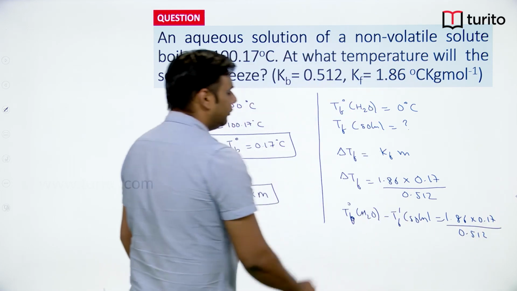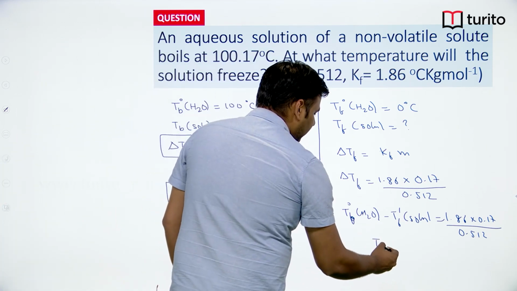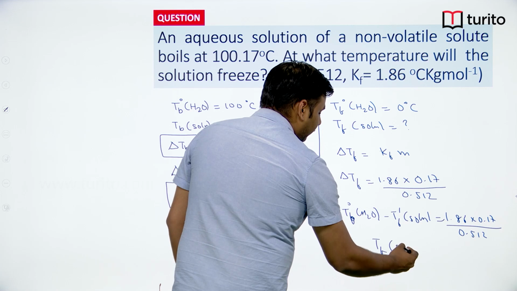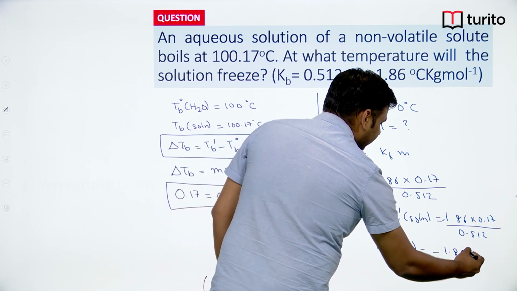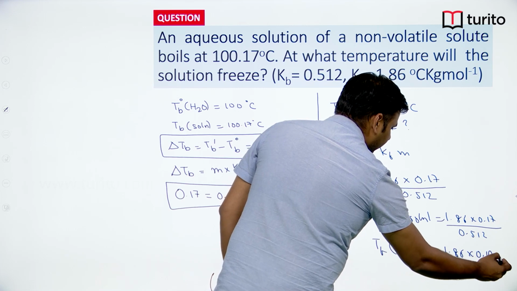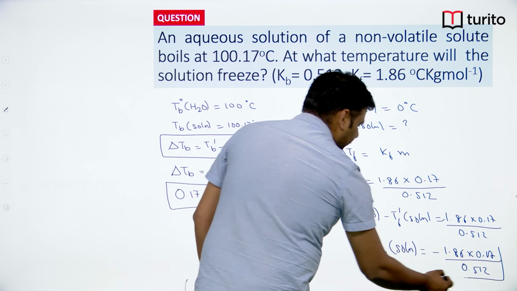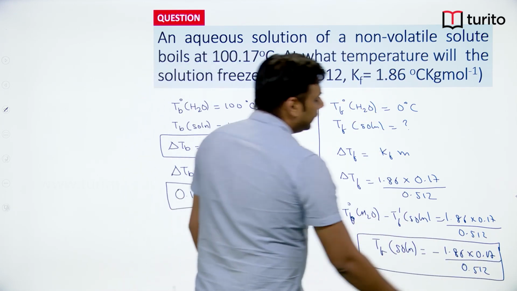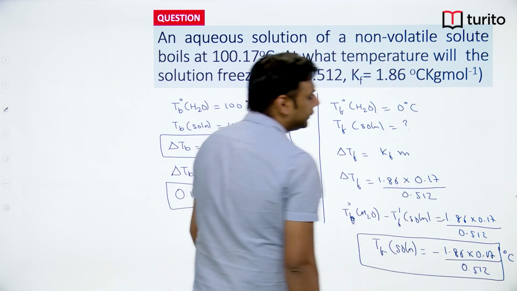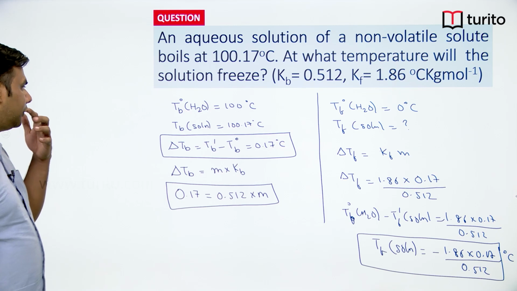We know that the freezing point of water is 0 degree Celsius, so the freezing point of the solution would become minus 1.86 into 0.17 divided by 0.512. This answer is in degree Celsius. You can add 273 to this and you will get the value in kelvins. So this is how you solve this question.